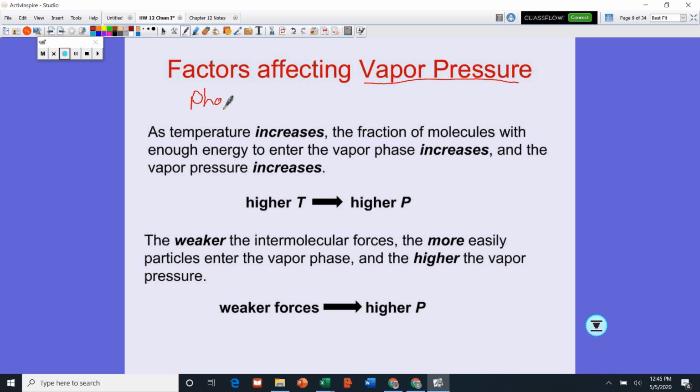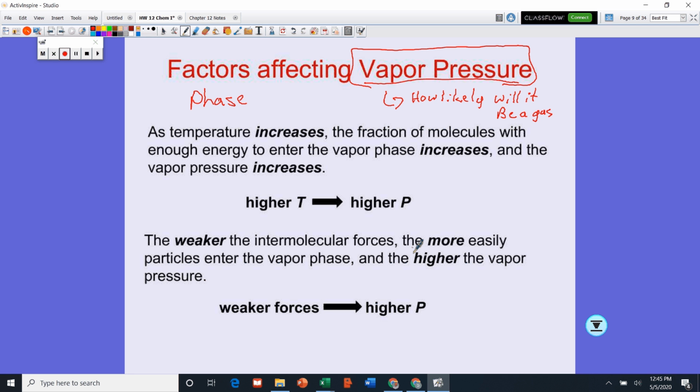So really, factors affecting phase. One of these is called vapor pressure, which is how likely it is that something will be a gas. All right.